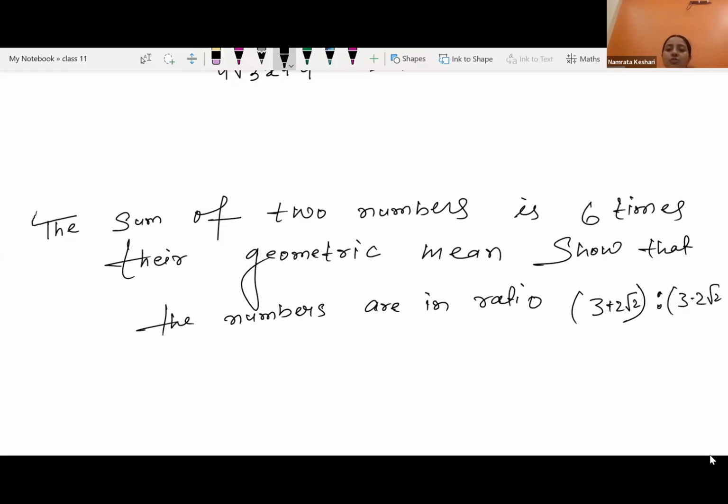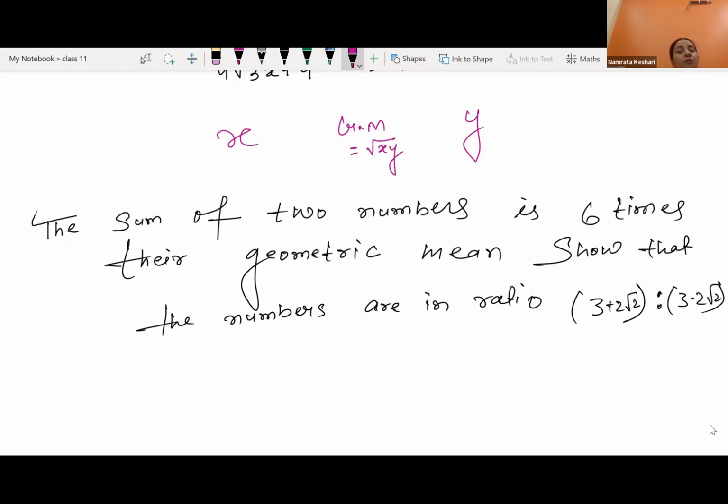Let's see what the question says. The sum of two numbers is 6 times their geometric mean. So actually you are having two numbers, and their geometric mean will be root xy. Yes or no? Yes, ma'am.